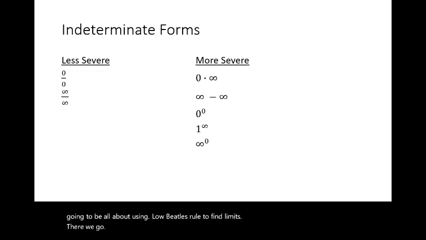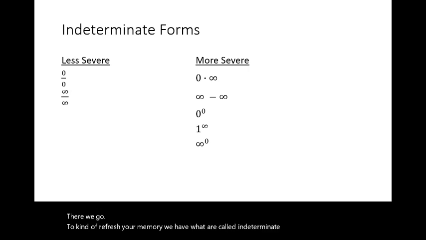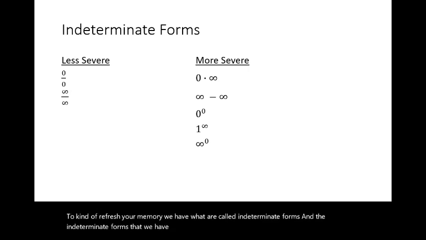So, to refresh your memory, we have what are called indeterminate forms. The indeterminate forms that we have covered so far are 0 over 0 and infinity over infinity. 0 over 0 and infinity over infinity do not equal 1.